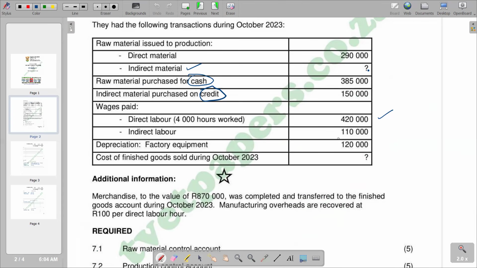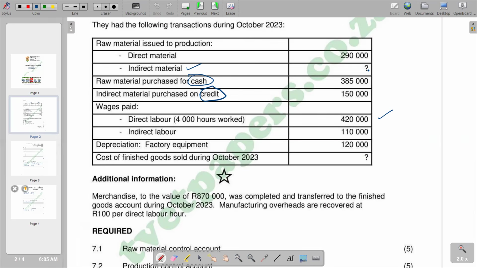So indirect labor, 110,000, we're going to enter it. So remember, direct labor goes to production control, but indirect labor goes to manufacturing overheads control. So the double entry of 110,000 is we debit manufacturing overheads control, and then we credit labor control. So we are just going to the debit side of the manufacturing overheads control.